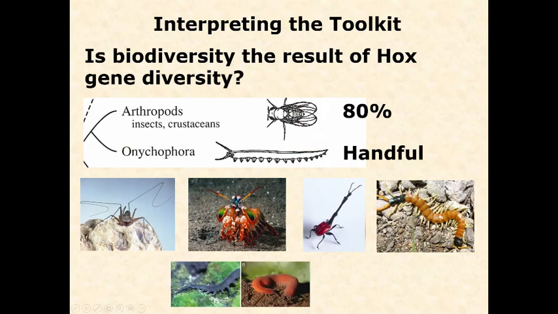And so all of this diversity and species and success is built off the same basic Hox complexity as we have here. So biodiversity is not really a one-to-one correspondence with Hox genes. Or maybe a better way to put it is that having a biodiverse group does not necessarily mean you're going to have more complex Hox genes than other groups.